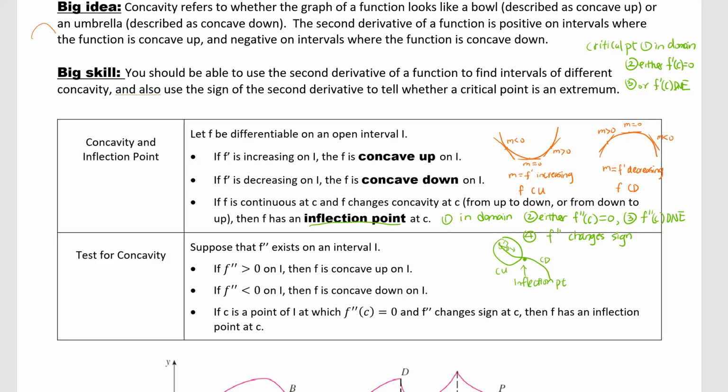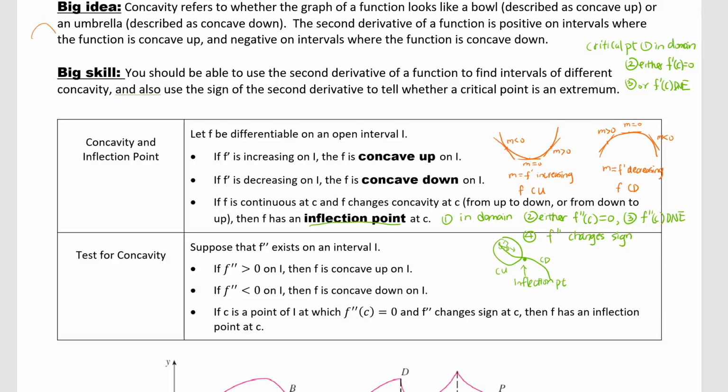All right, we have the test for concavity. Suppose that the second derivative exists on interval I. If f double prime is positive on I, then f is concave up. Why is that? Well, you know that f prime is a function, so it's okay to take the derivative of the first derivative, and then we get the second derivative.